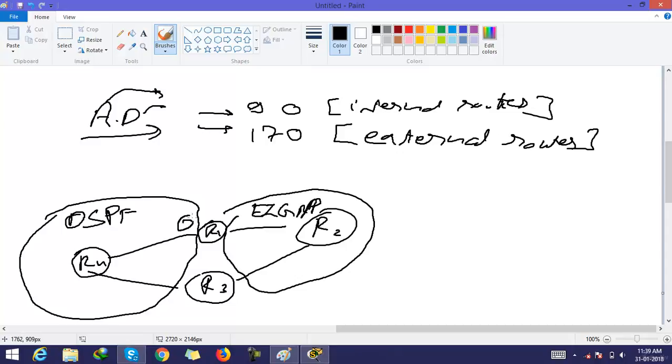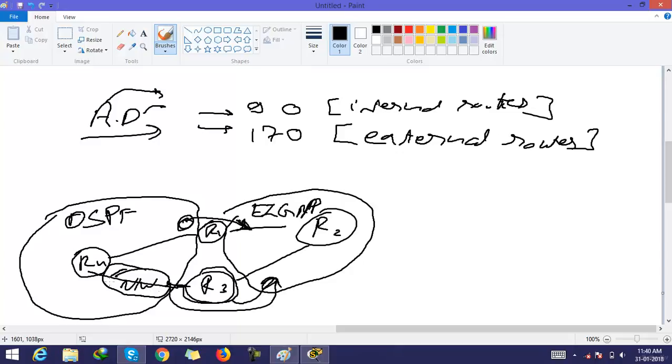These OSPF routes are sent via R1 in this EIGRP domain and via R3 in this EIGRP domain also. For example, this is a network that is redistributed by R3 in the EIGRP domain.